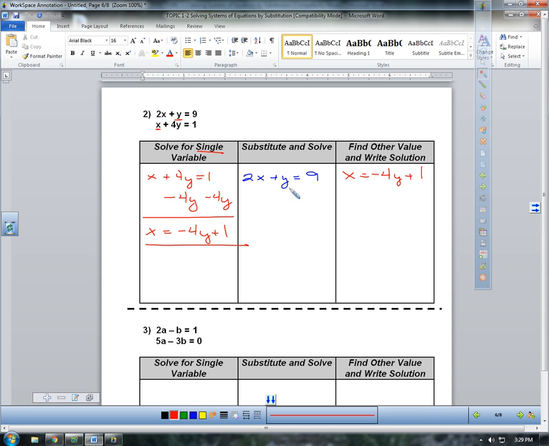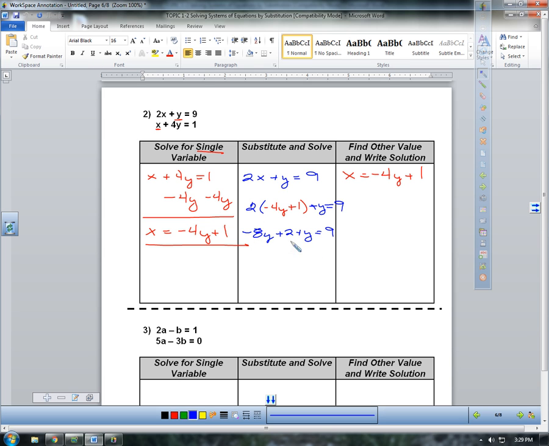And wherever there's an x, I'm going to put negative 4y plus 1. So I'm going to take 2 and multiply it by negative 4y plus 1, add y, set it equal to 9. So here I have to distribute. 2 times negative 4y is negative 8y. 2 times 1 is 2, plus y equals 9.